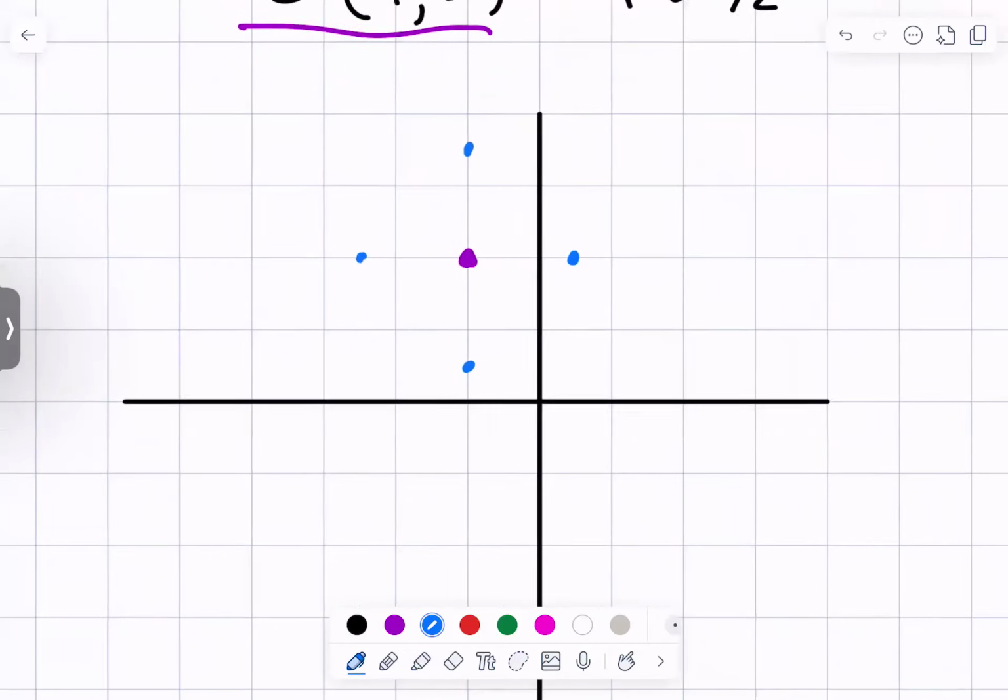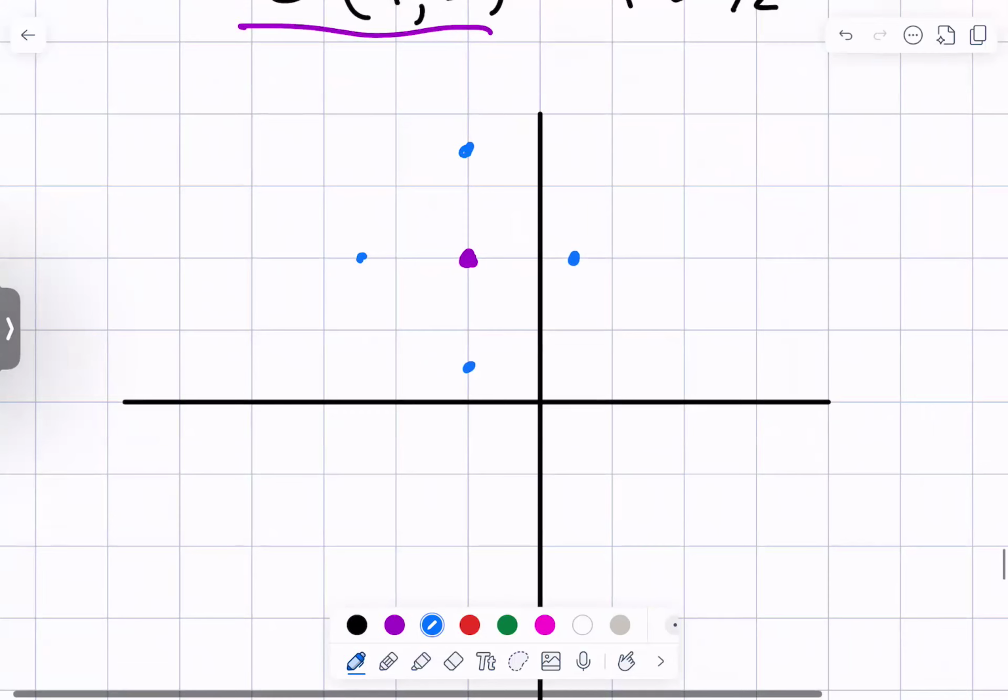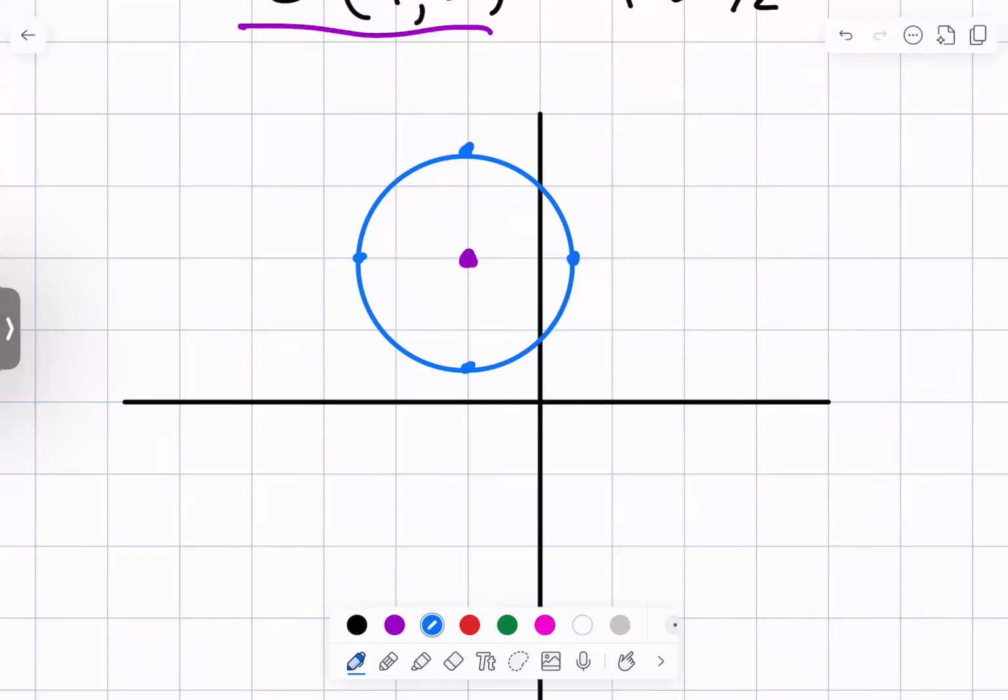That shows me the points of my radius if the radius was vertical or horizontal. And then try your best to draw out a perfect circle.